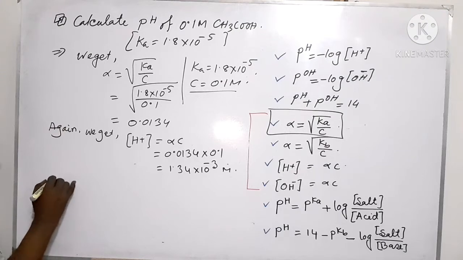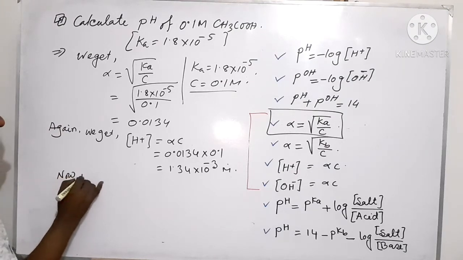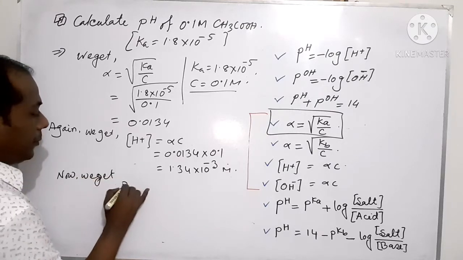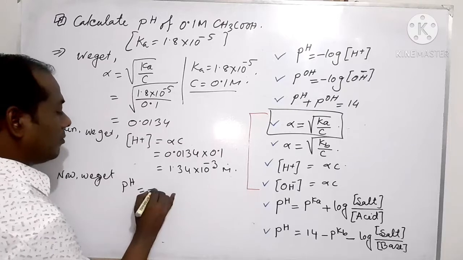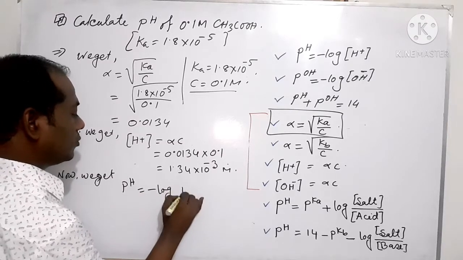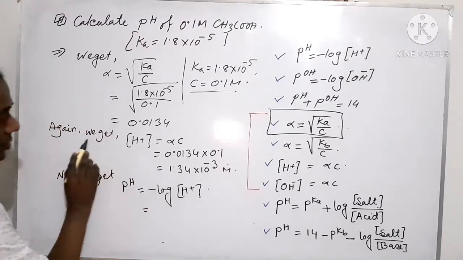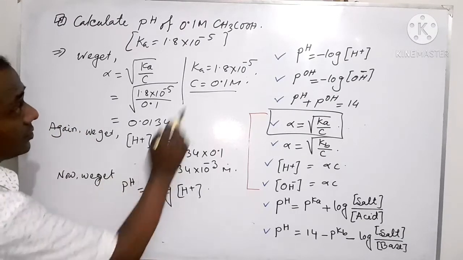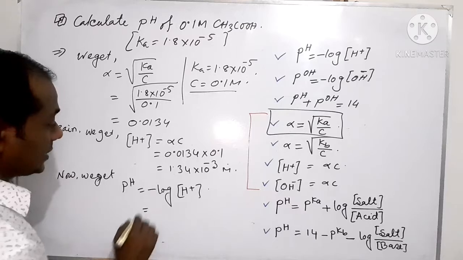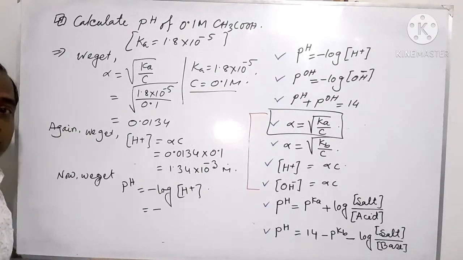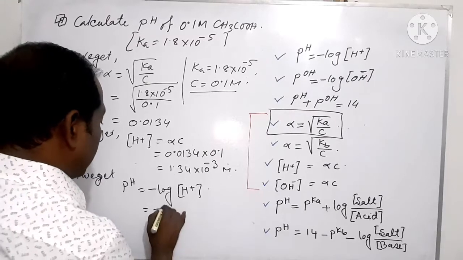Now we calculate the pH again. pH equal to minus log of the molar concentration of hydrogen ion, and the molar concentration of hydrogen ion of this weak acid is 1.34 into 10 to the power minus 3.